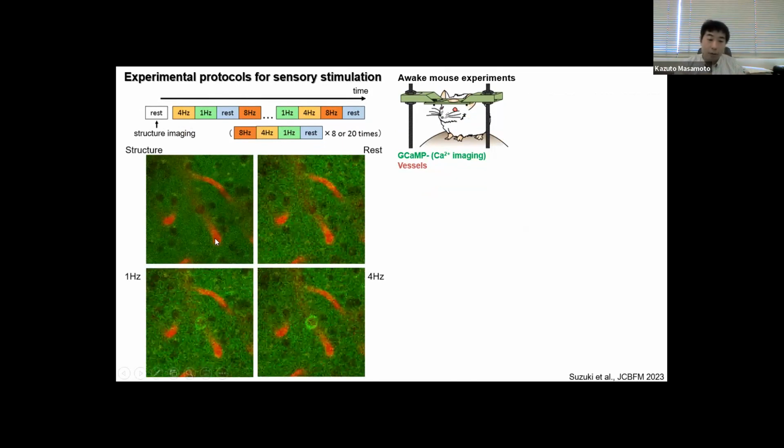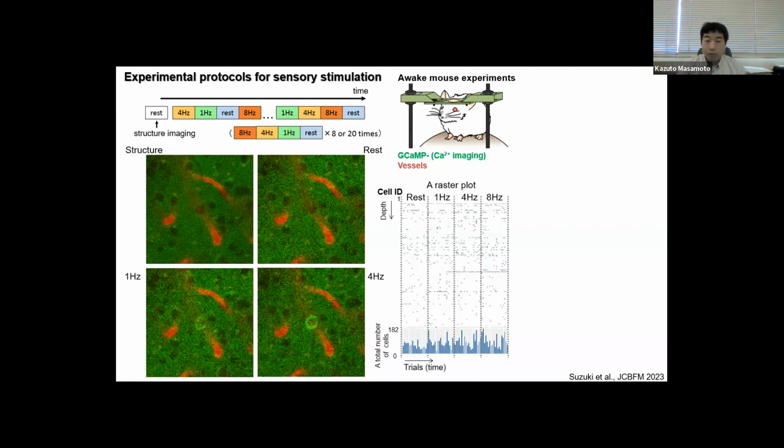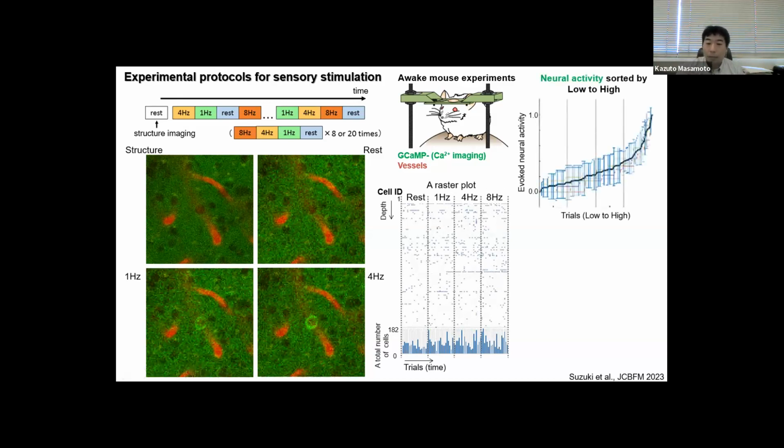The red is the capillary, and the green is the neurons evoked by the stimulation. This is specifically the 4 Hz stimulation, and then we measured within the volume how many neurons were activated in each stimulation trial, at rest, 1 Hz, 4 Hz, and 8 Hz, and we counted the number of neurons.